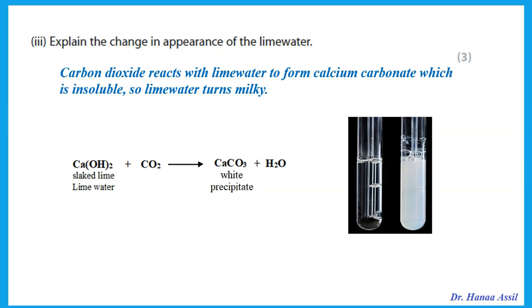Lime water is actually calcium hydroxide, which, of course, is basic. So I'm reacting acid plus base. This gives a salt plus water. In this case, it gives calcium carbonate. Calcium carbonate does not dissolve in water, and that is why it appears to make the lime water milky.